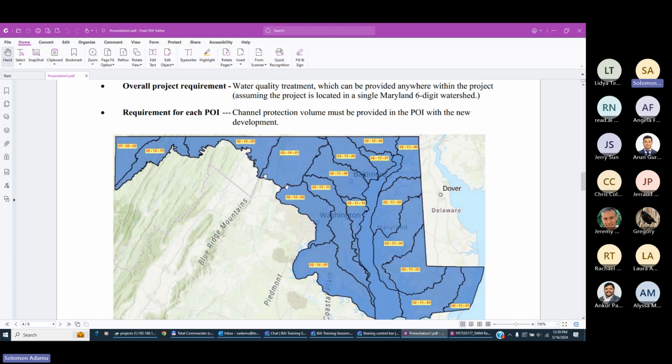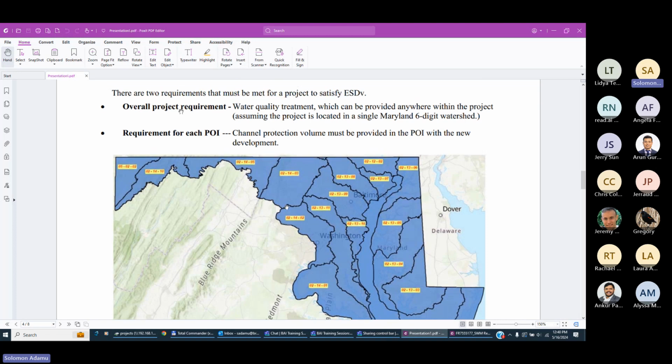So channel protection volume must be provided at each POI with a new development. A new development means we have a requirement of more than 1 inch, so we are going to provide it at each POI. Is that clear? So these are the two requirements for the project.